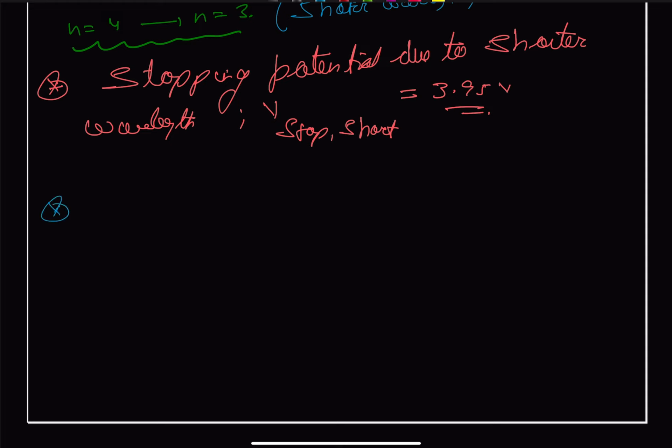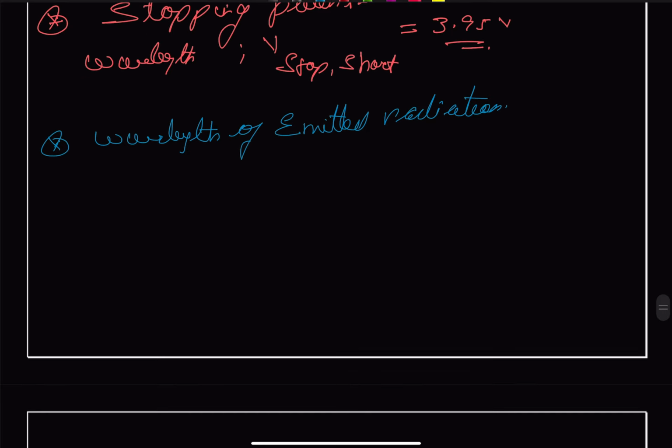So for the wavelength of the emitted radiation, we can write 1 upon lambda equals Z squared R times (1 upon nf squared minus 1 upon ni squared).